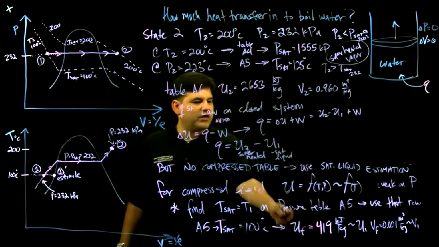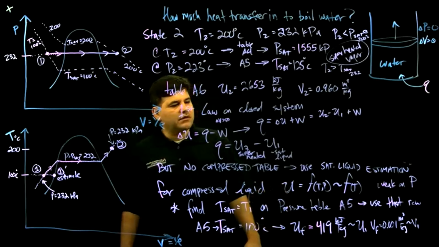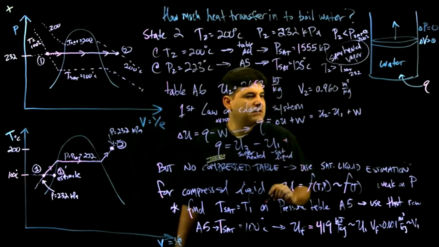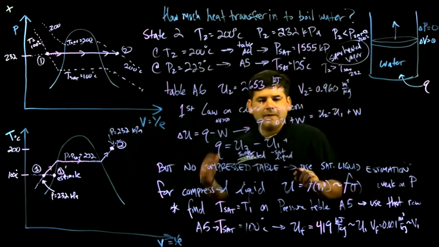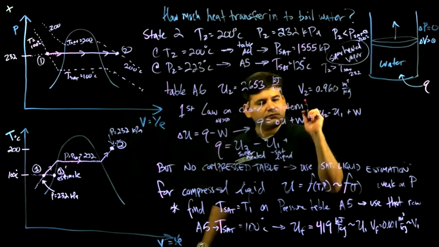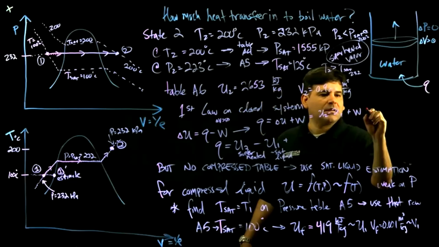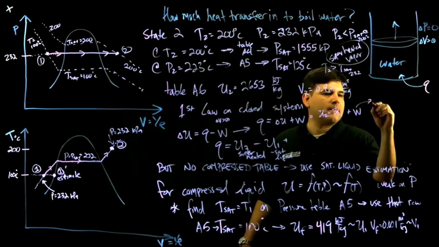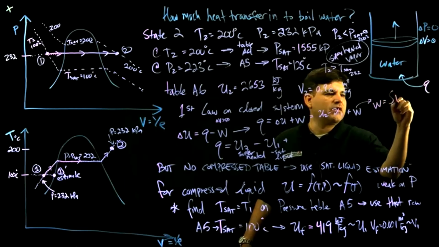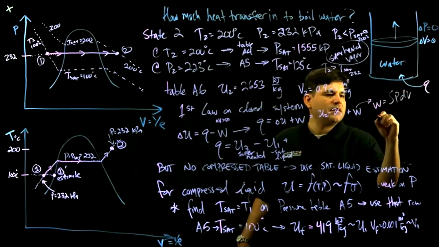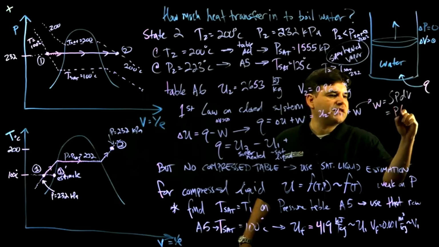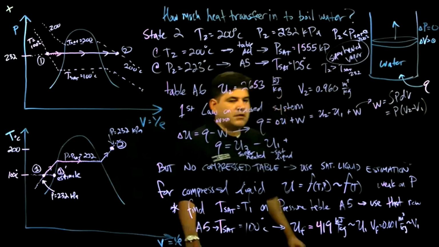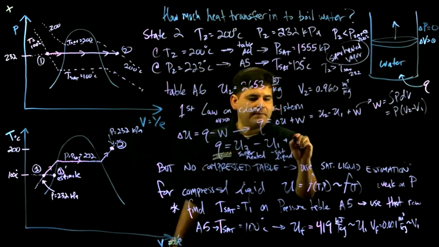So we found those values already, U_f, saturated liquid, plus work, which equals the integral of P dV, but for a constant pressure process, it's P times V2 minus V1.